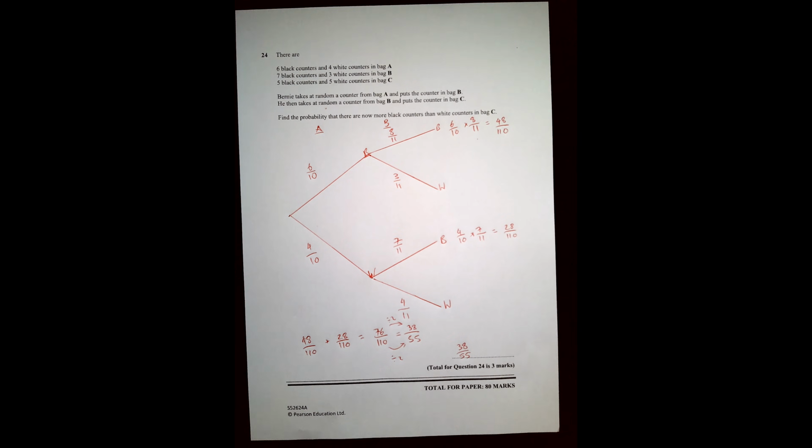So, for instance, can't divide by 2, can't divide by 3, the 38, or the 55, can't divide by 4, can't divide 38 by 5, can't divide 38 by 6, can't divide 38 by 7, can't divide by 8, okay, can't divide by 9 or 10 or 11. At this point I can be very confident that I'm not going to be able to simplify it. Okay, and in fact that is the most simple answer.